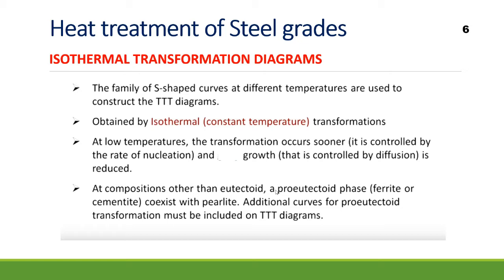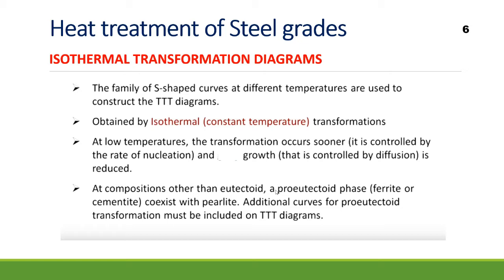Obviously, at high temperature diffusion will be higher. On the other hand, at lower temperature diffusion will be low, and this diffusion will highly impact our rate of transformation and the byproduct we get after the transformation. We will also see going forward how this happens.